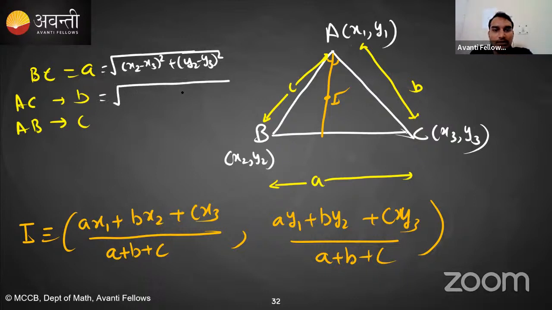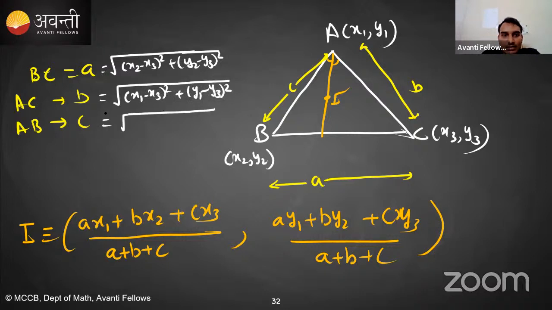Using the distance formula, side length AC is the square root of x1 minus x3 whole square plus y1 minus y3 whole square. Similarly, side length AB is the square root of x1 minus x2 whole square plus y1 minus y2 whole square. Is this clear, everyone?